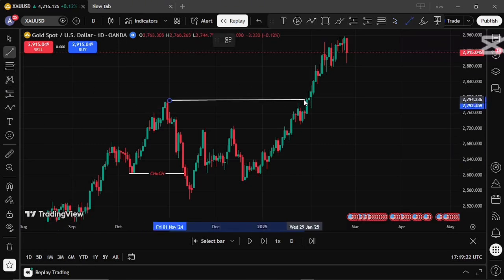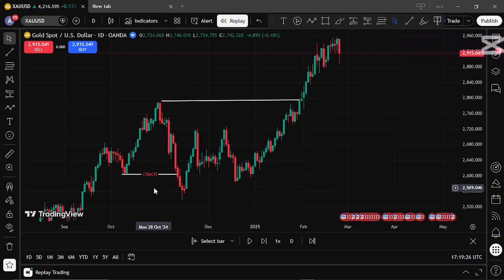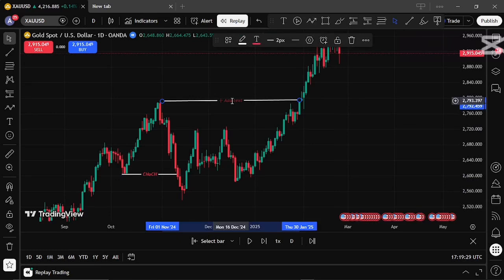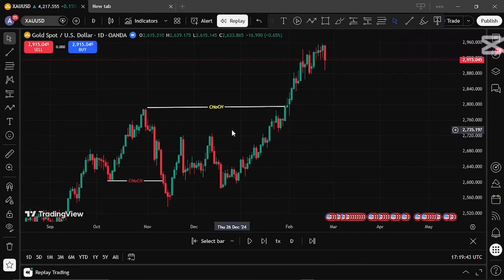After this fake out and liquidity being swept, we had a real change of character. So here now the trend has completely changed. It's now a total movement up.